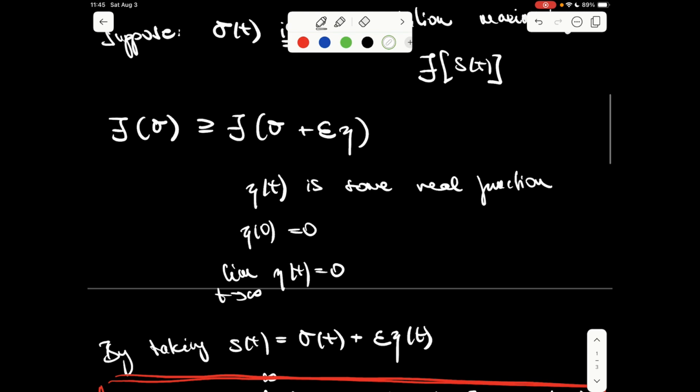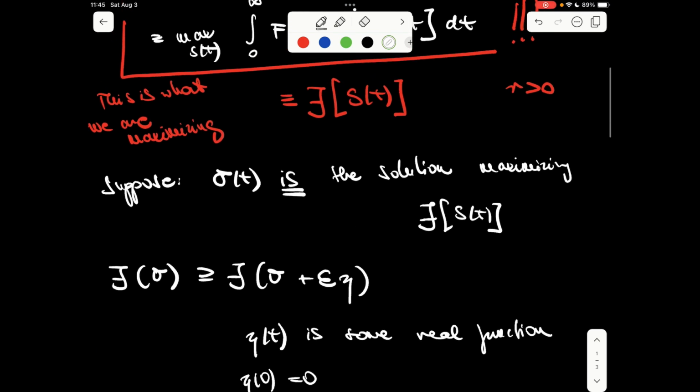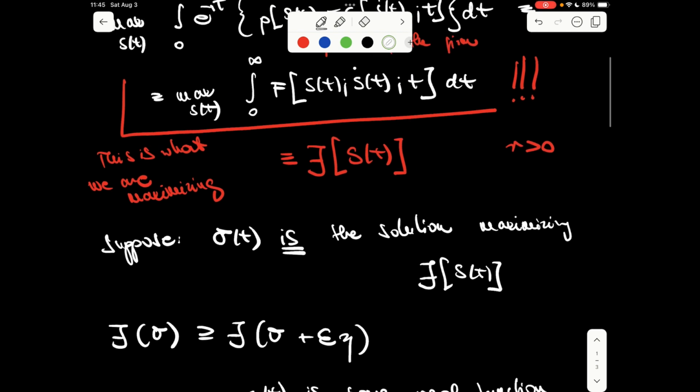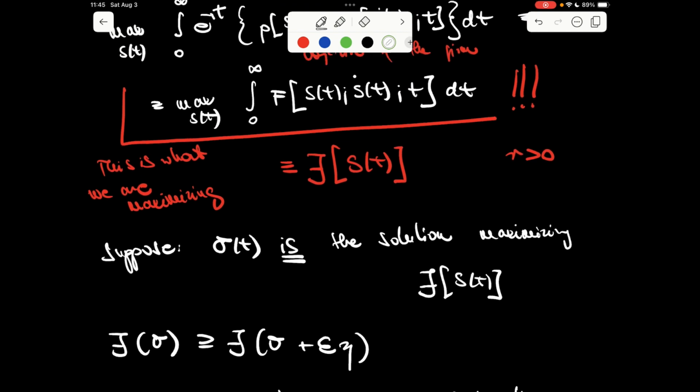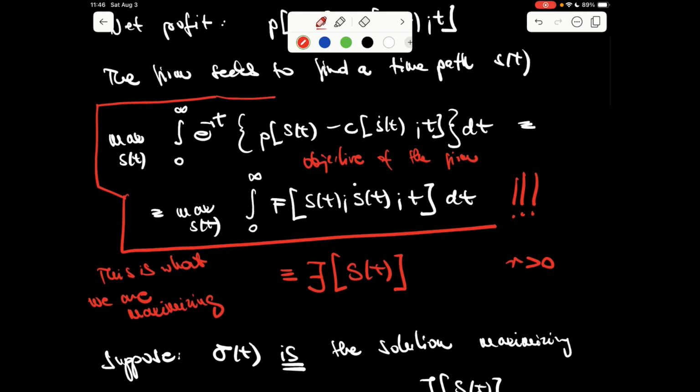Okay, so what I am talking about is that when maximizing this equation, we do the same when maximizing any function with respect to a variable. We need a first order condition, which we gain by differentiating the function, in this case the functional, with respect to the variable.